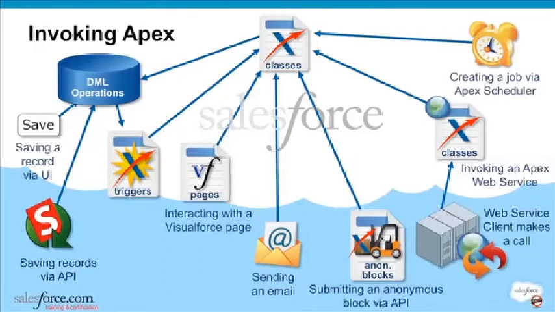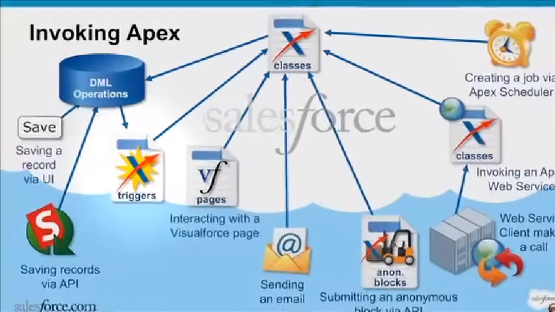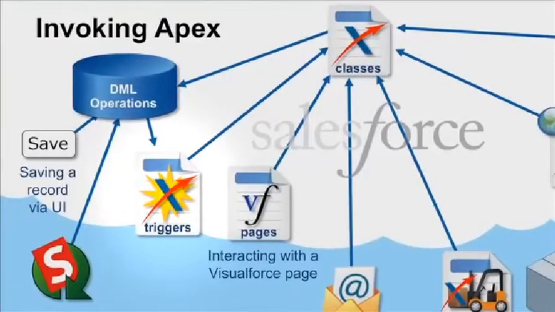All right, so let's start on the left-hand side and talk about all the different ways that we can invoke our Apex code, and there's a large number of them. First of all, you can create a trigger and associate that trigger with an object and define the different events that you want to detect, and then we can execute that trigger upon those events occurring.